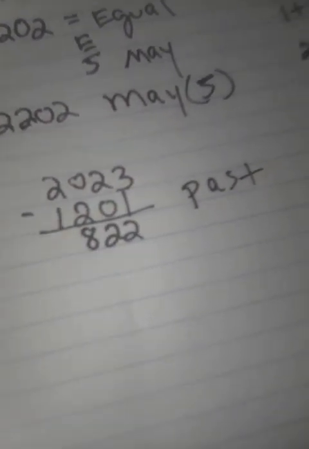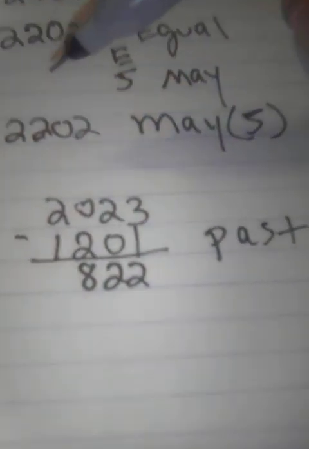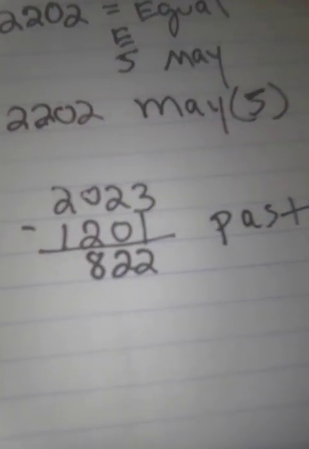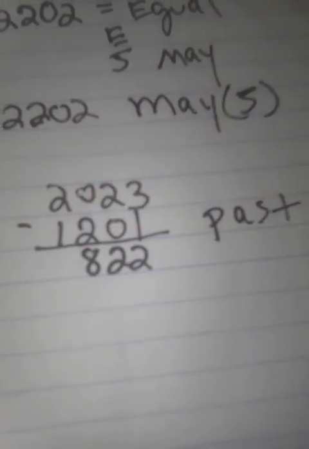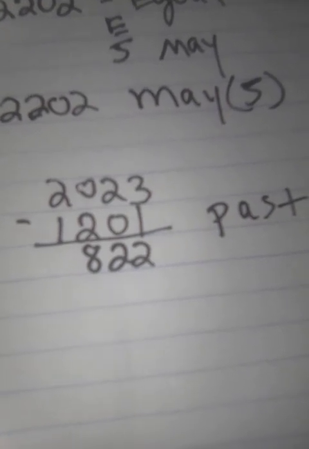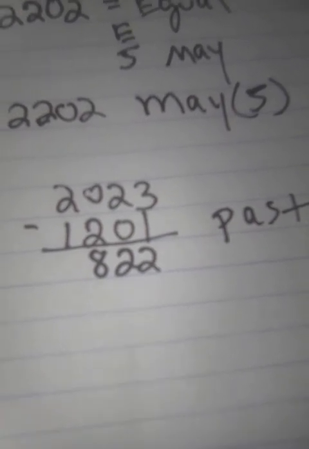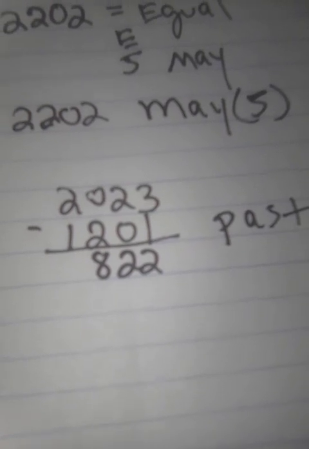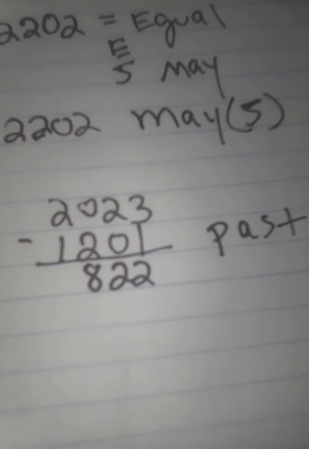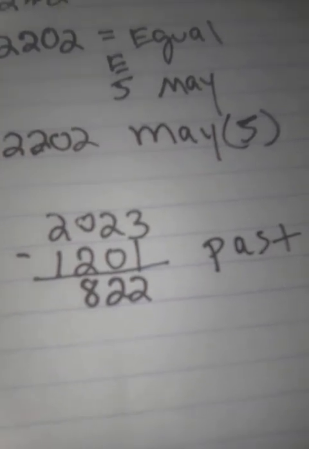So 2023, which is our current year, if you subtract our past year, which is 1201, which is actually the equation 1 plus 1, you get 822 years that we have been in from 1201. We haven't reached 1,000 years. We still got a little bit more to go.